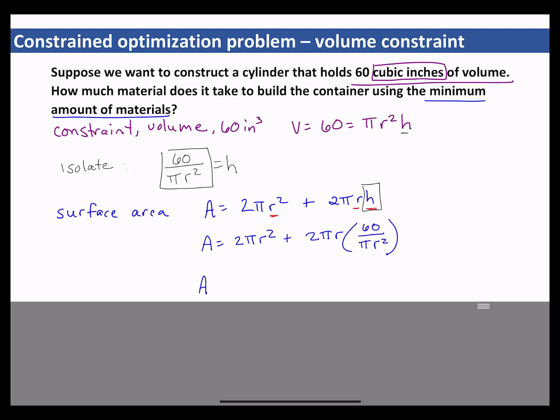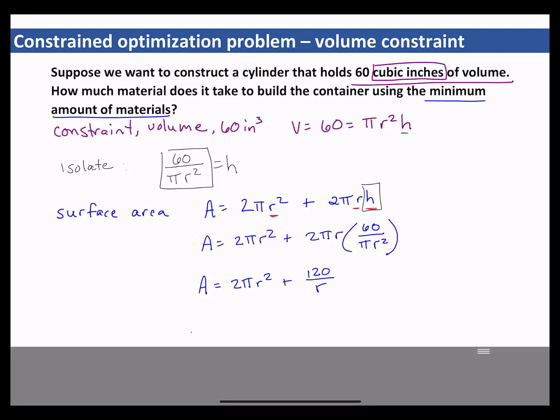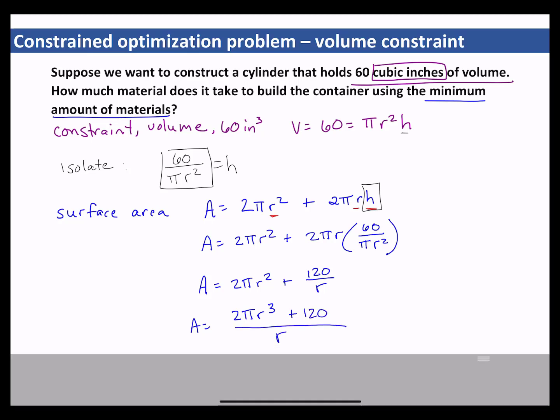And we can simplify that to equal 2 pi r squared plus 120 divided by r. And if we want a common denominator, I'll let you check that on your own, but it would be 2 pi r cubed plus 120 divided by r.